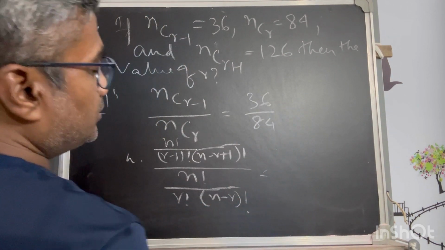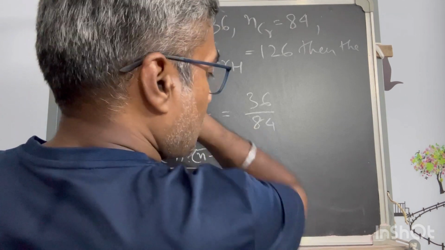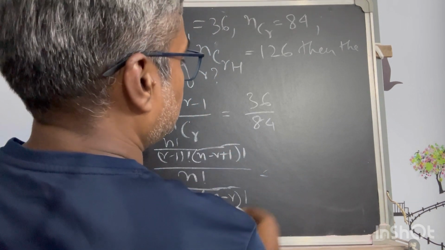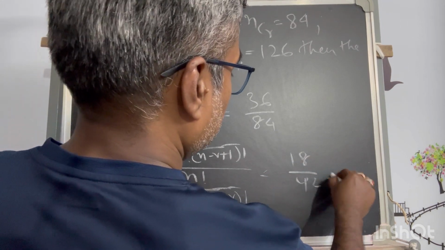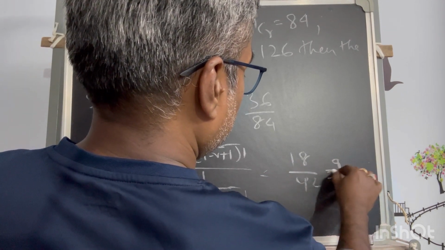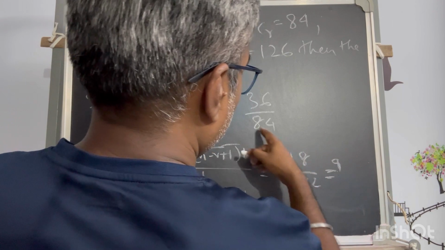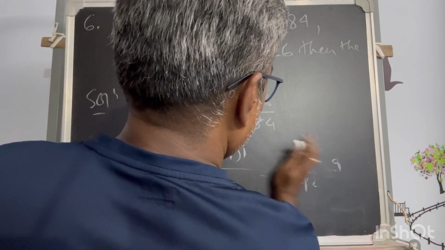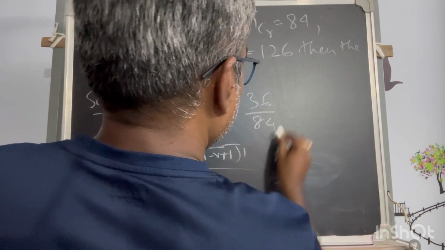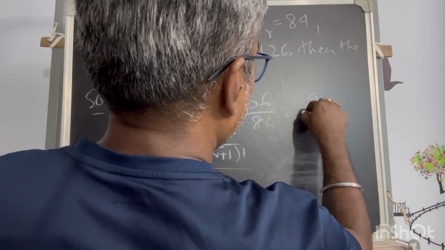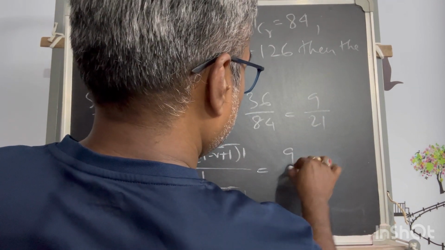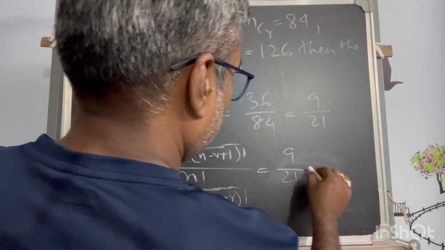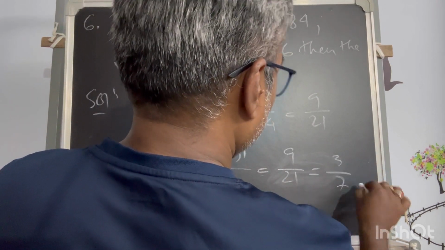And there is 36 by 84, this is 18 by 42, further 9 by 21, so this is equal to 9 by 21, or further you can reduce to 3 by 7.